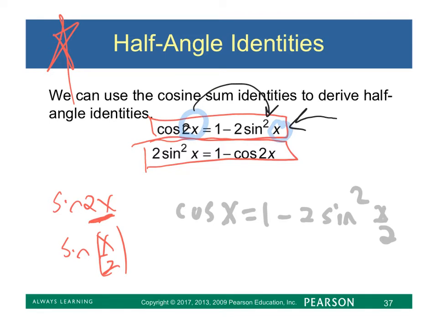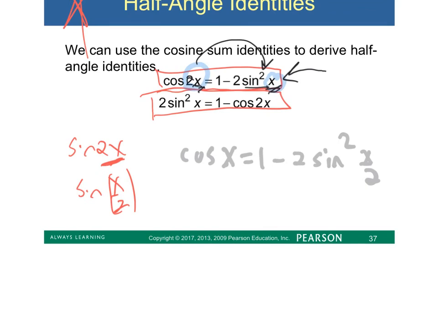So if I put a half angle here and the whole angle here, and solve this for my half, maybe I will have my identity derived. Sometimes, if you can't remember all your identities, but you can remember a couple of your double angle, it's killing two birds with one stone.